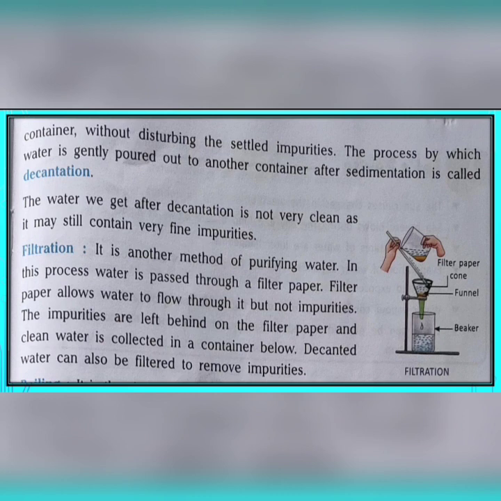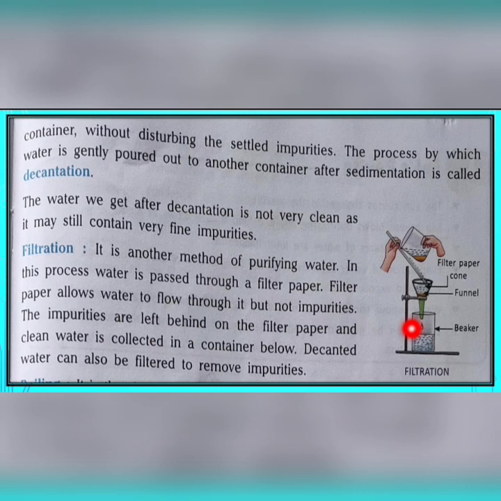Then the next process is filtration. It is another method of purifying water. In filtration, water is passed through a filter paper. That filter paper allows water to flow through it, but not the impurities.